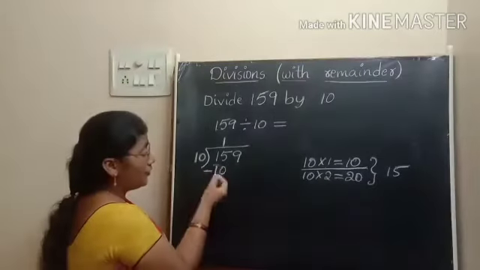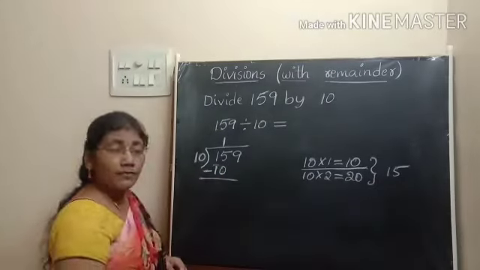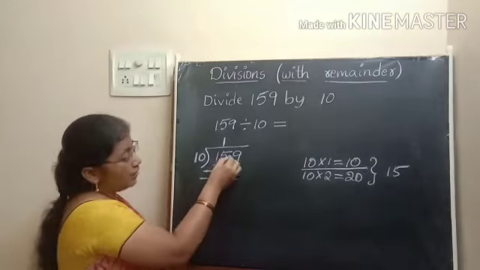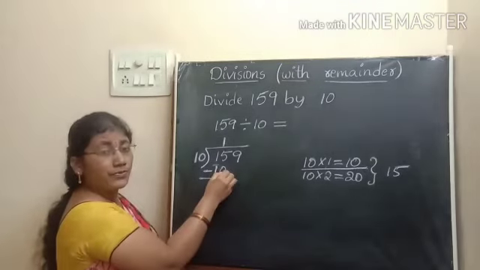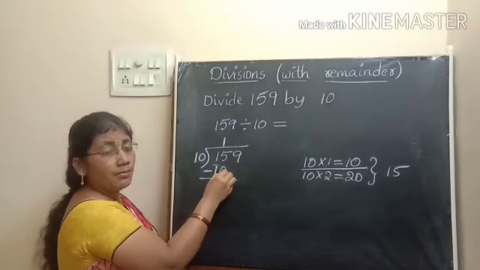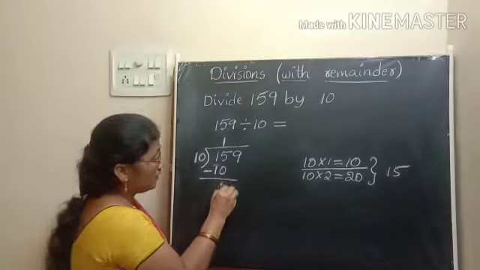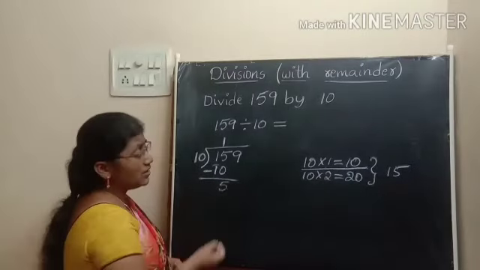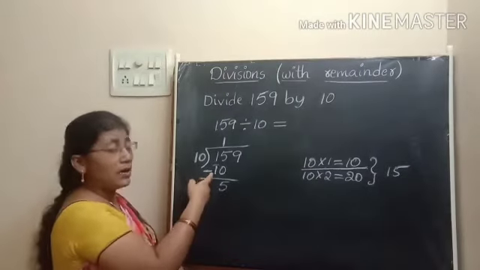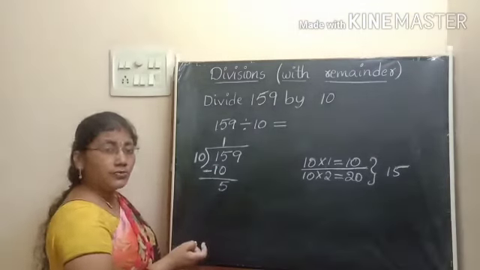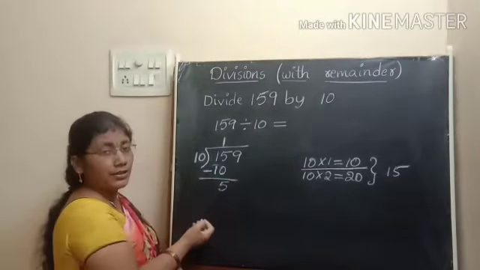So we should apply subtraction. 15 minus 10, or 5 minus 0. By subtracting 0 from any number, we get the same number. 1 minus 1 is 0. There is no need to write 0 here.